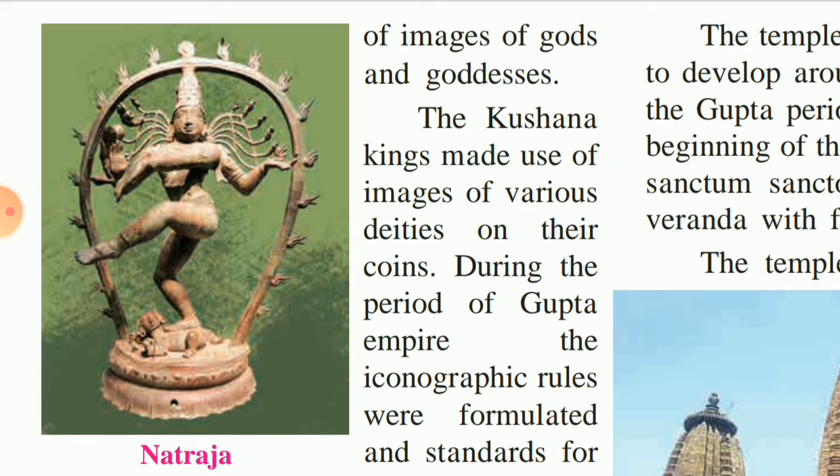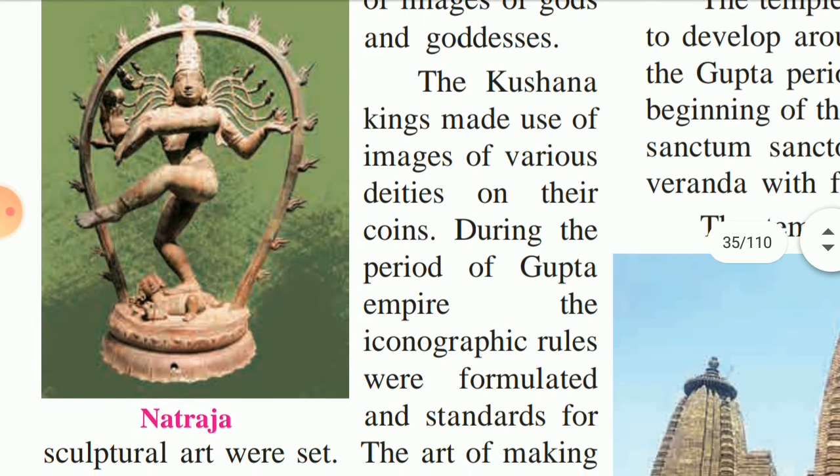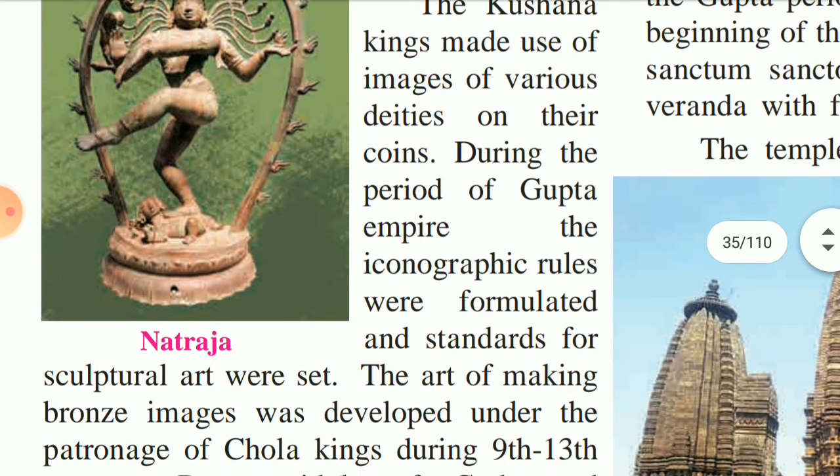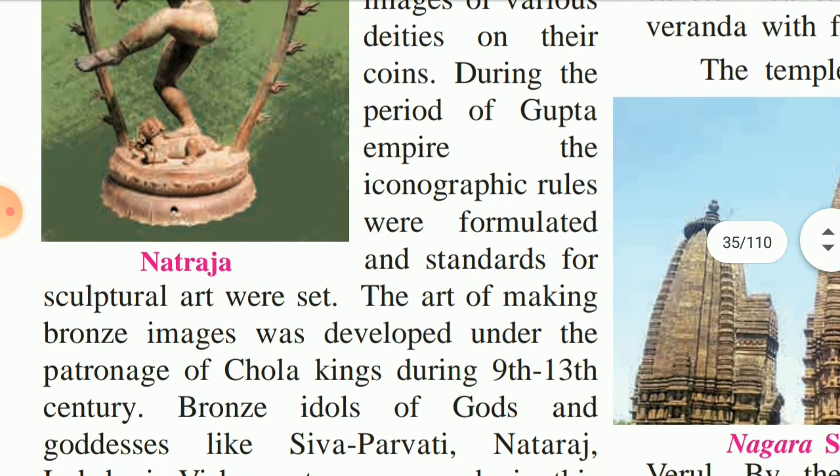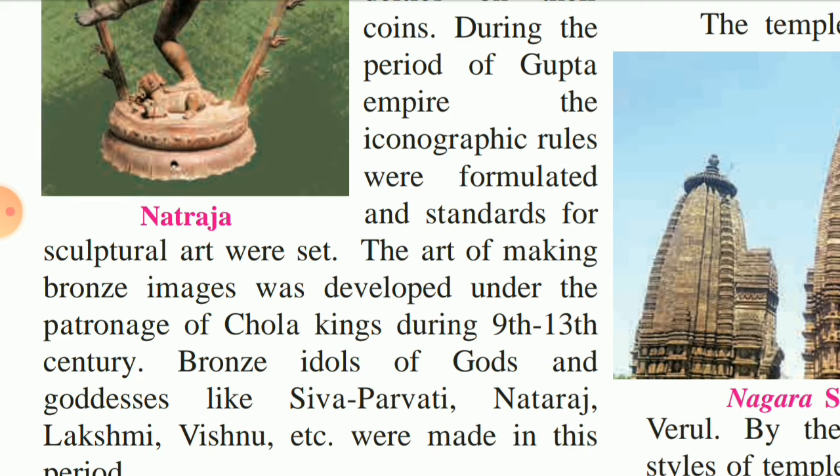The Kushana kings made use of images of various deities on their coins. Later on, during the period of Gupta Empire, the iconographic rules were formulated and standards for sculptural art were set. So now they had several rules, and when there are rules, then it becomes classical art.